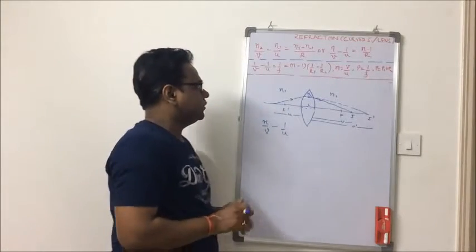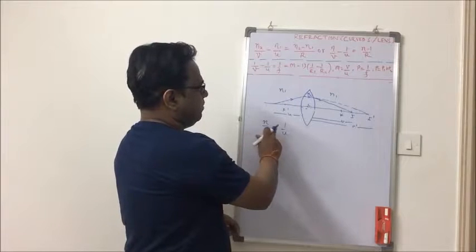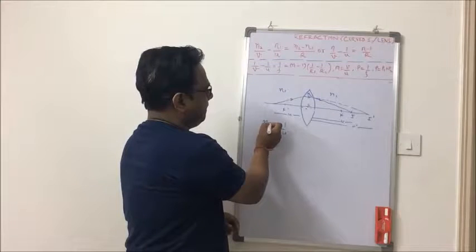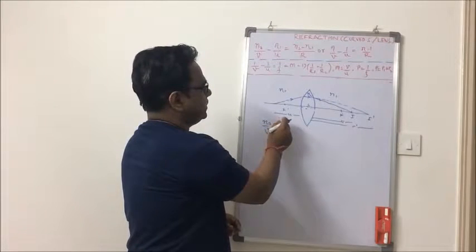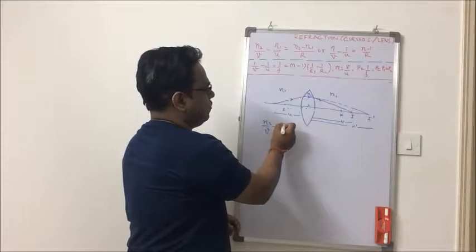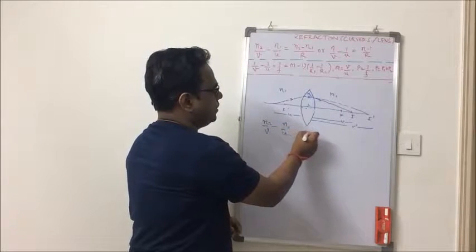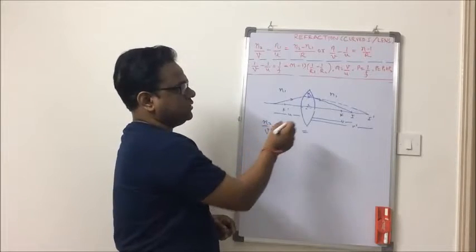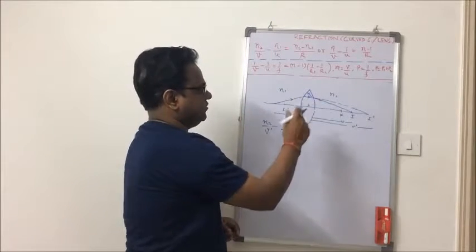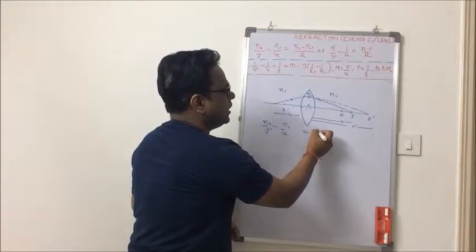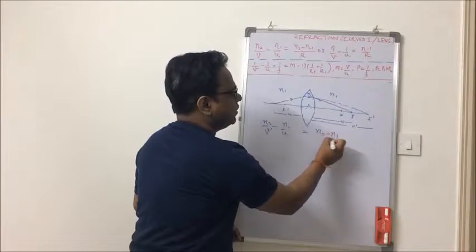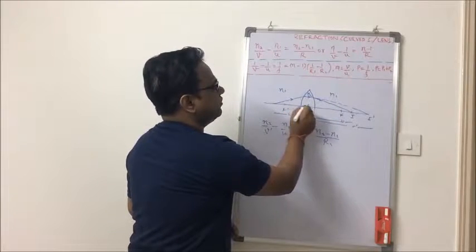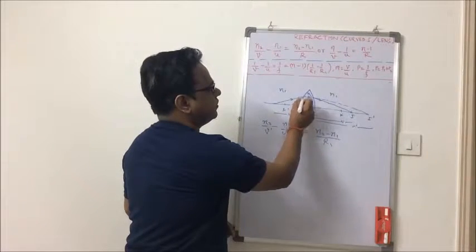Alright, so now N2 by V minus N1 by U. Here we will write V as V dash because we are just considering the first refraction, equal to N2 minus N1 divided by R1. R1 is the radius of curvature of this first surface.